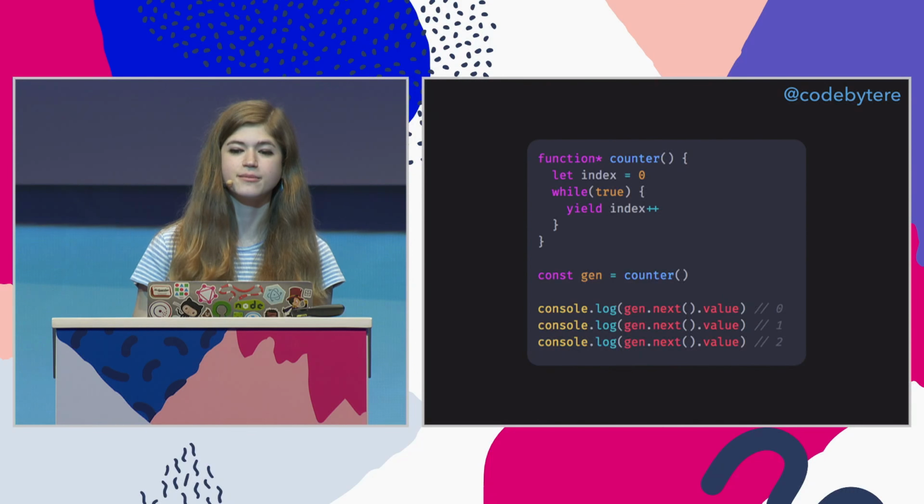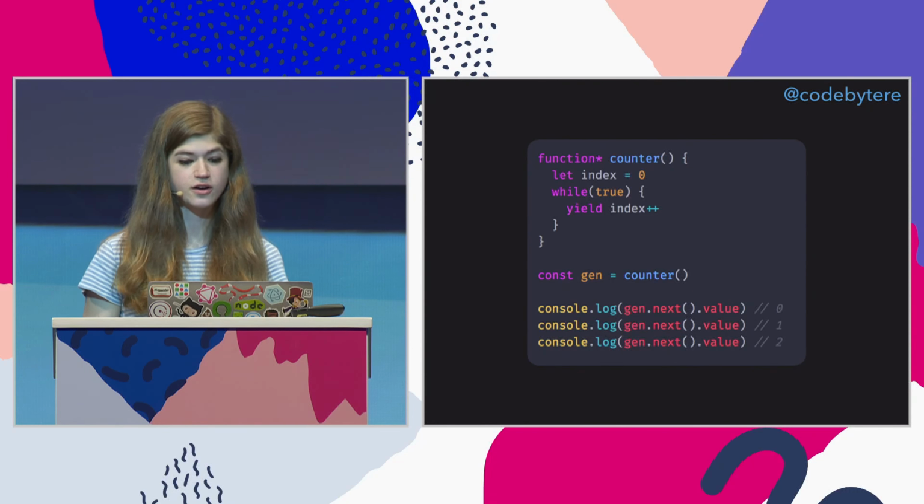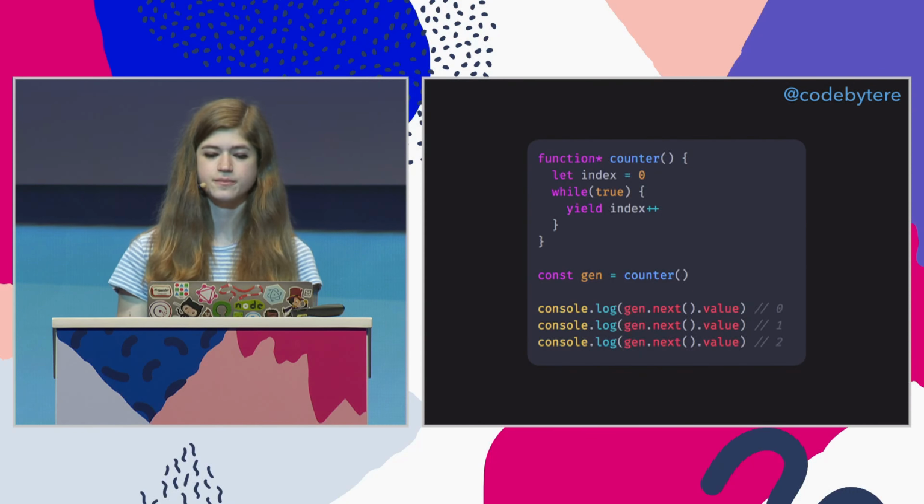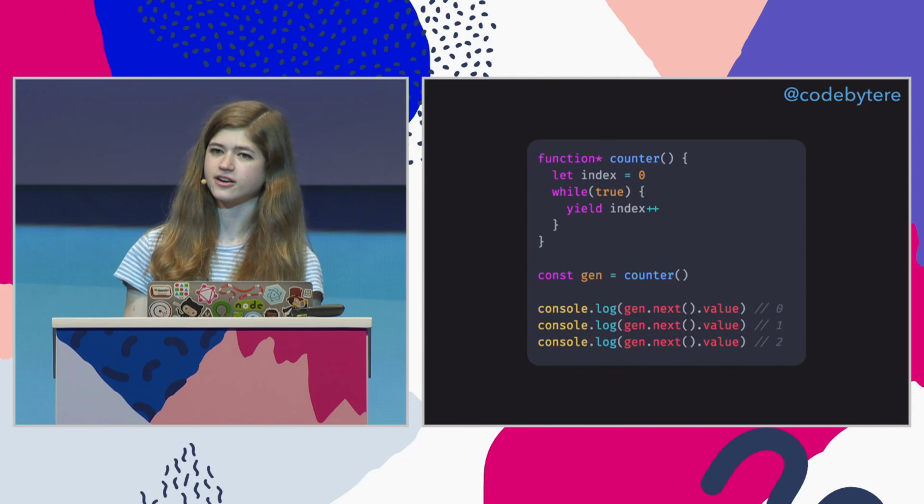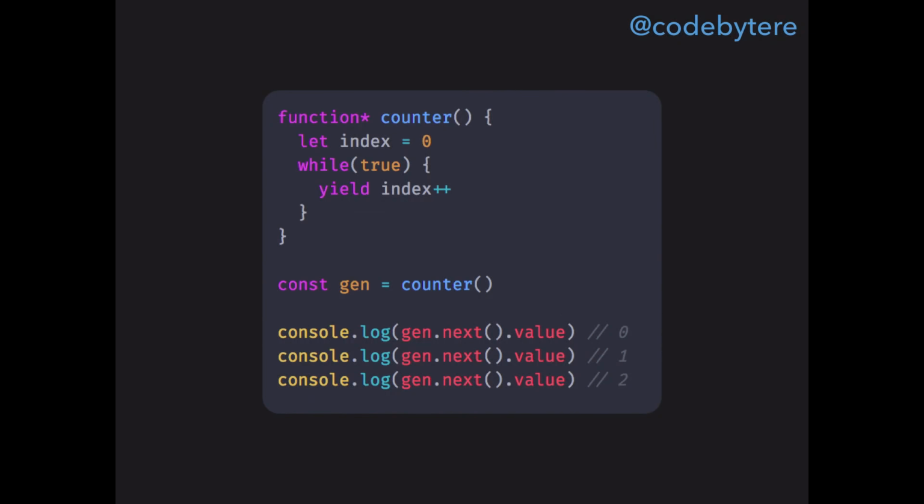Here, you'll see immediately that there's a little star next to the function in the signature. This is the syntactical indicator that you're looking at a generator function. The keyword yield will send out a value whenever the function is run. So here, the yield index++ expression will send the index value out when pausing the generator function at that point.